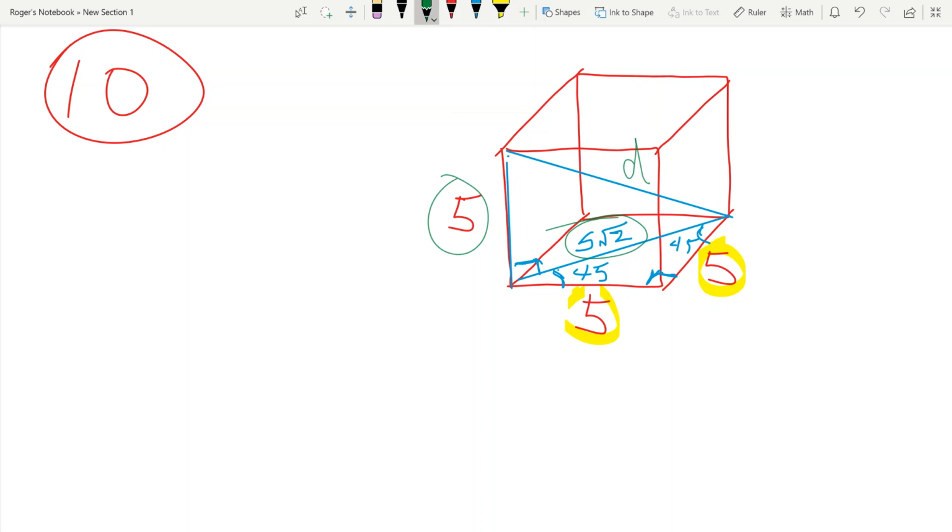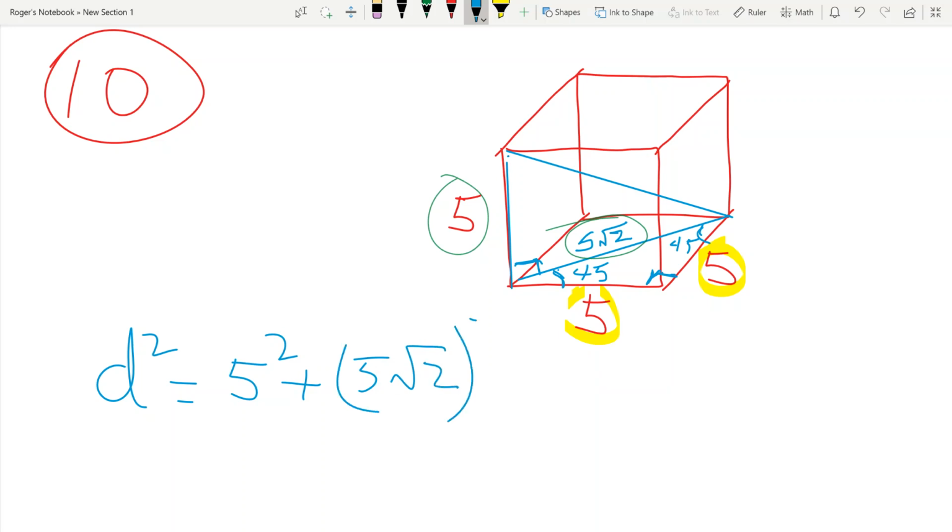Well, we go back to this, D squared is equal to 5 squared plus 5 square roots of 2 squared. That's our Pythagorean theorem. A squared plus b squared equals c squared.